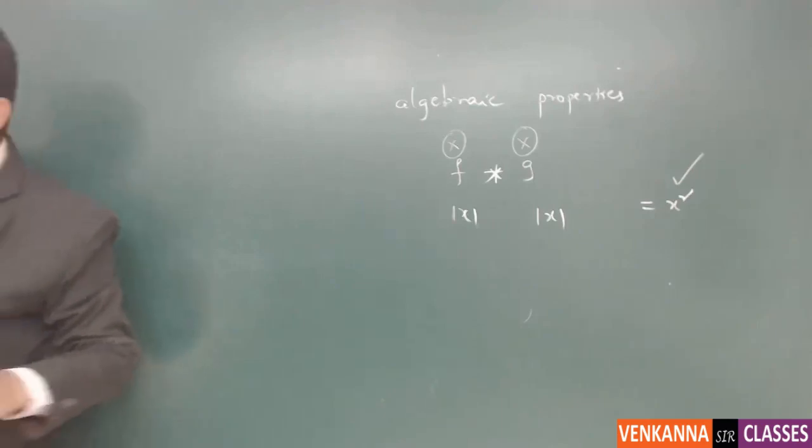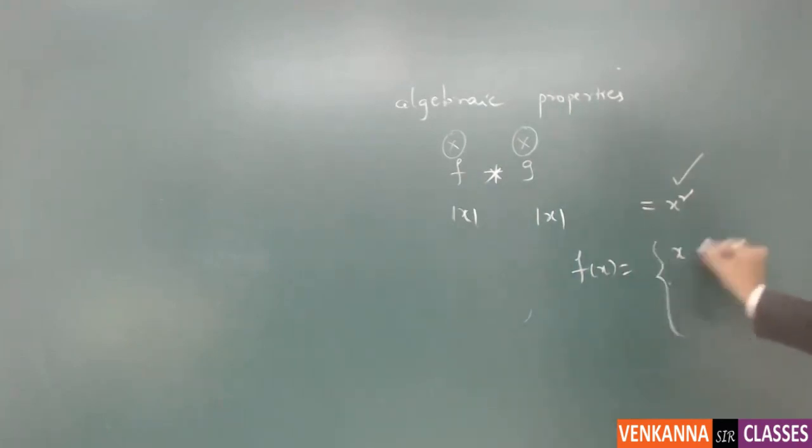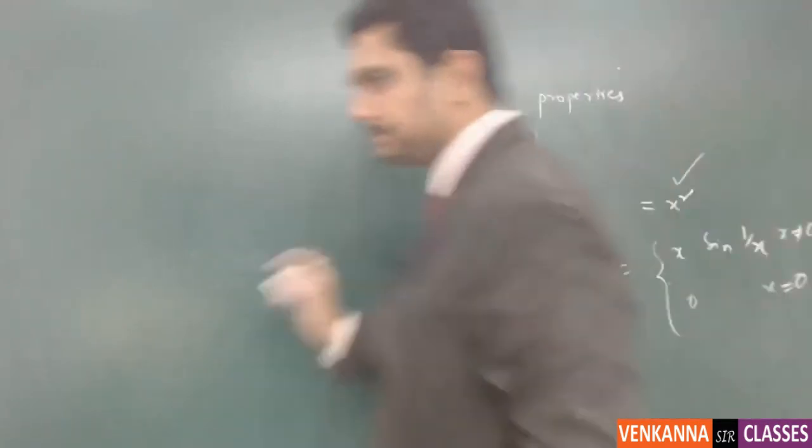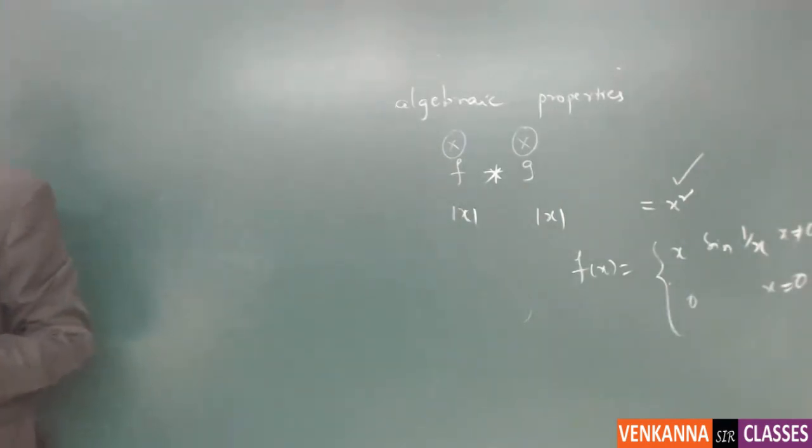Let us take one more similar example. Just now we have done that f of x is equal to x into sine 1 by x for x not equal to 0 and 0 for x equal to 0. We have defined it like this. So, is the function differentiable at 0? We have done it right now.